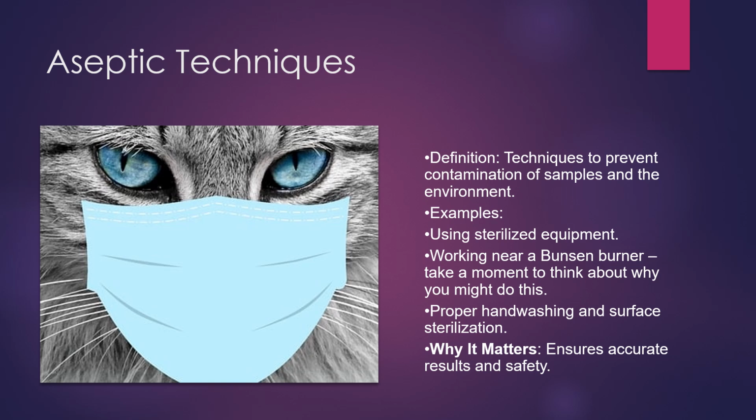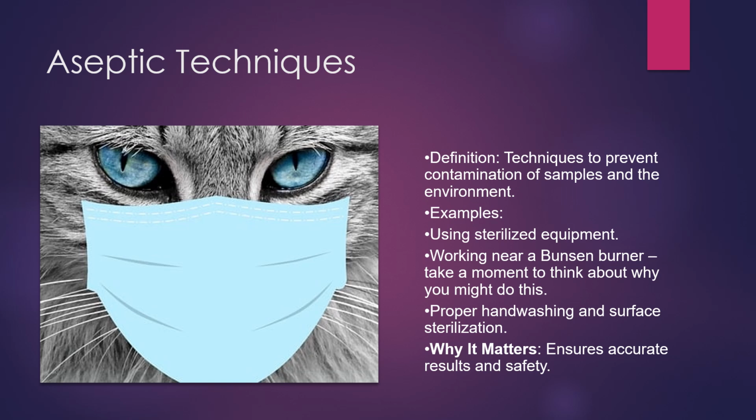Bunsen burners are an interesting one. Take a moment to think why you might have a Bunsen burner on next to a petri dish whilst plating bacteria on it. Have you thought it through?